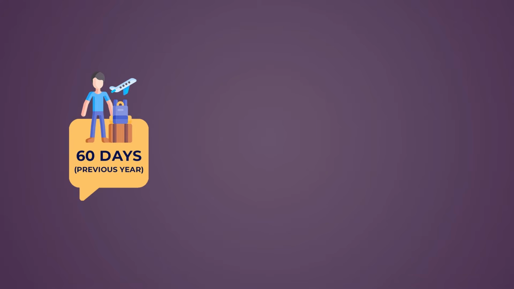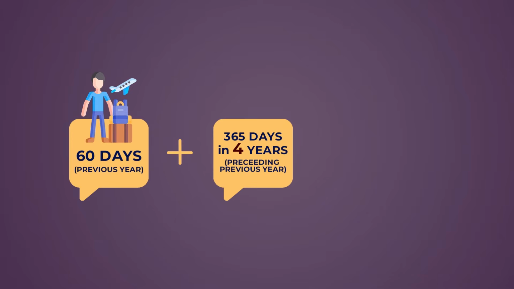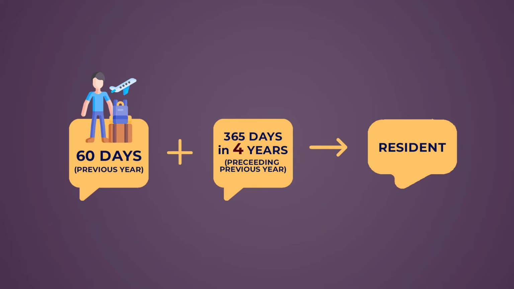Second condition is, if anyone's stay in previous year is for 60 days, and in the immediately preceding 4 years, if you take this 4 years block, immediately preceding that particular previous year, if the stay is for 1 year or 365 days, then also he becomes resident.